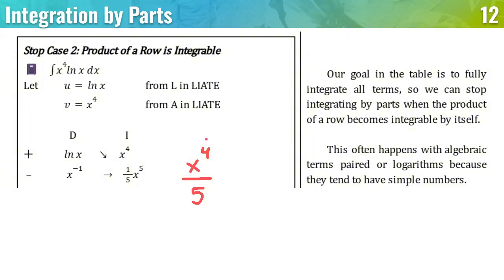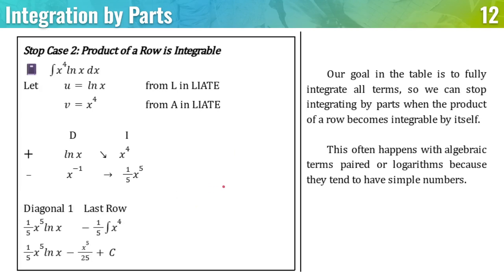So when we try to integrate this, it is integrable by itself since it's already relatively simple. You just make it like this: x raised to 4 plus 1 over 25. So with the diagonal and the last row, you have this. So don't forget, you still need that positive c.